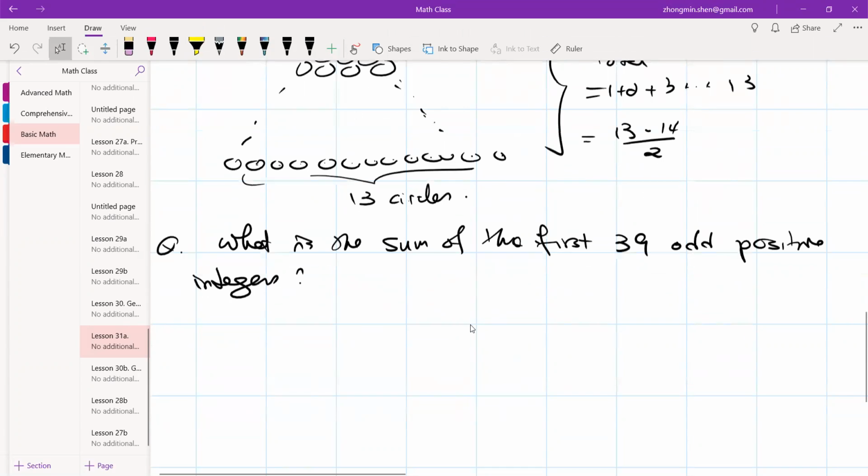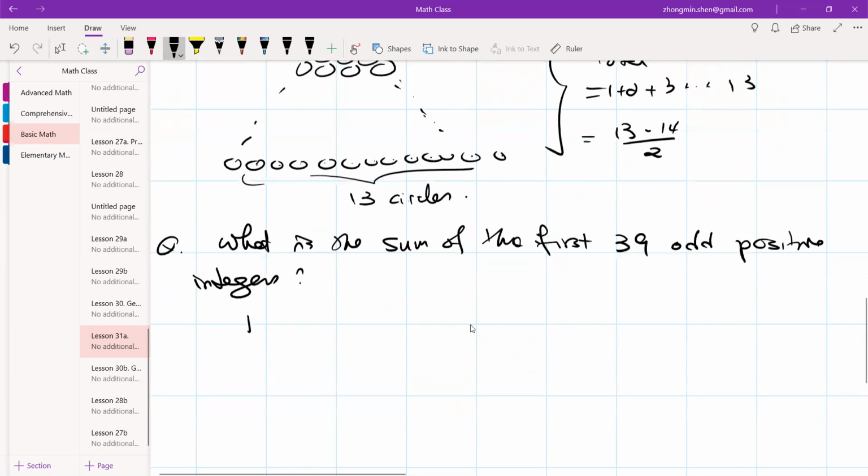So how do you do that? What do you mean by the 39? 39 itself is an odd number, but the 39th odd integer is not going to be 39. So we need to know how to number the odd numbers.